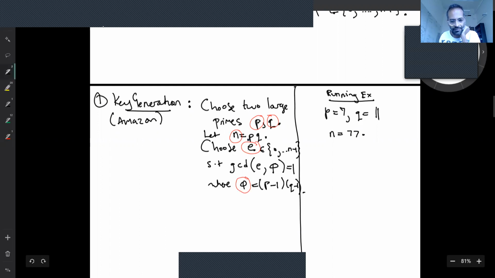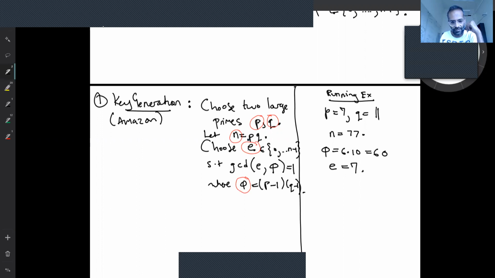So in this example, phi is 6 times 10, which is 60. And e, there are many choices for e. I'm going to choose e to be, in my example, what did I choose e to be? I chose e to be 7. Okay, so I have to generate these 5 numbers.